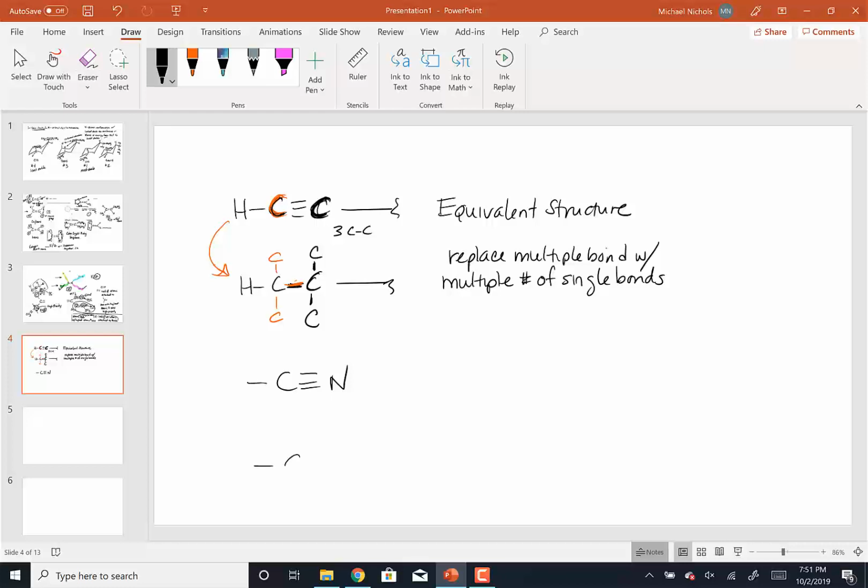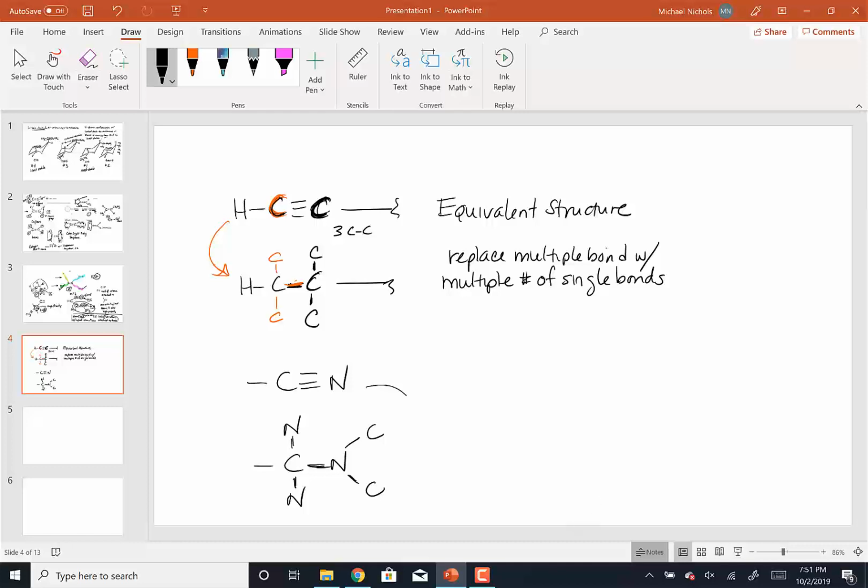I would again write just single bonds, and now I'm going to replace the CN triple bond with 3 CN single bonds. And I'm now going to replace the NC triple bond with 1, 2, 3 NC single bonds.